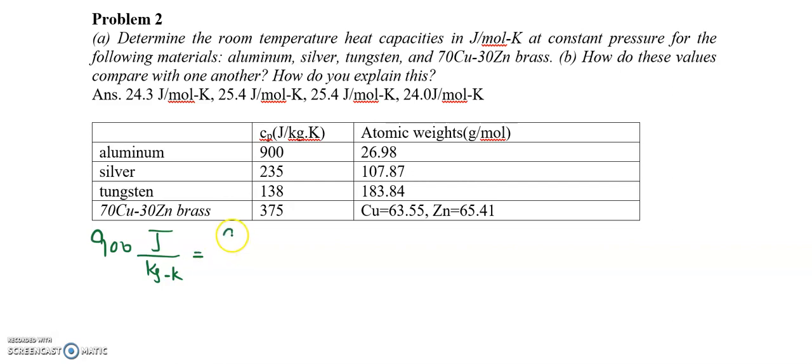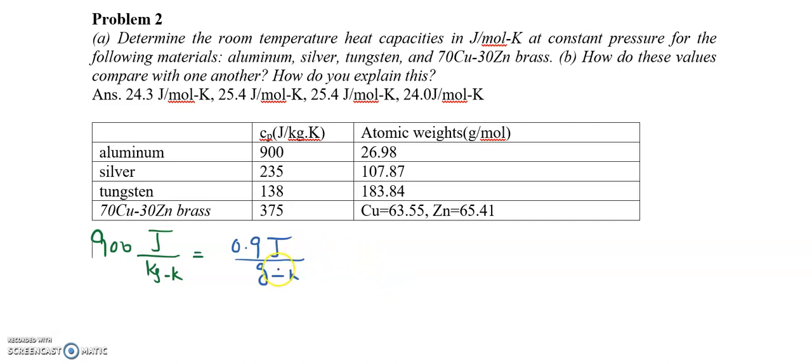So 900 joule per kilogram Kelvin means it is 0.9 joule per gram Kelvin.